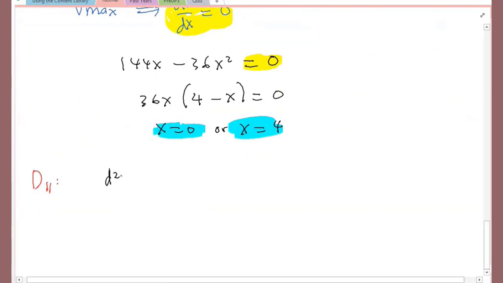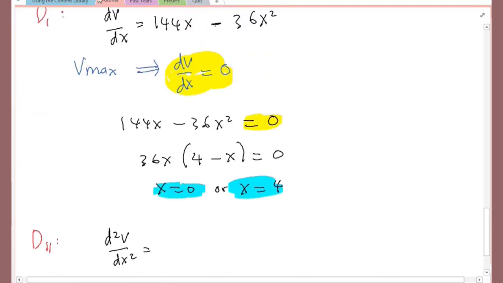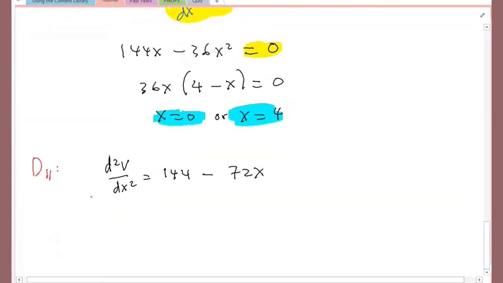So d squared V over dx squared: differentiate V. So 144 minus 72x. Then substitute. So d squared V over dx squared is 144, and it is definitely more than 0. So there is no minimum, because we need maximum.